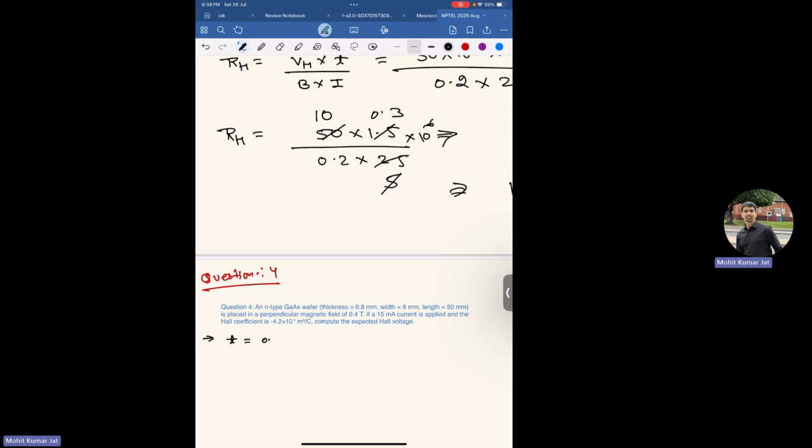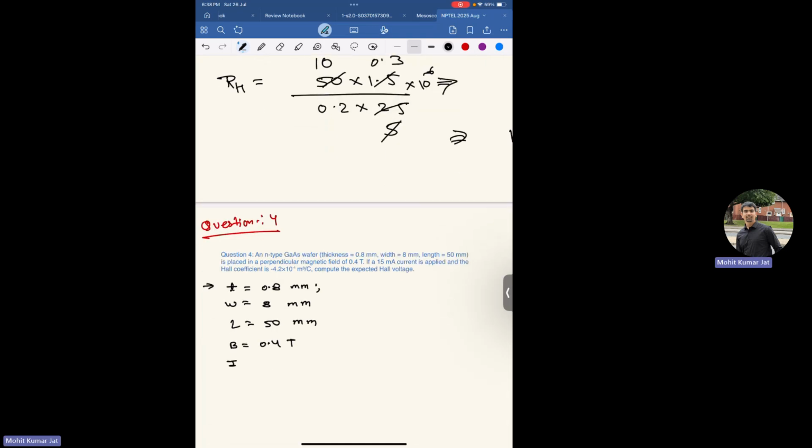So T is 0.8 mm, width is 8 mm, length is 50 mm. Magnetic field is also given, it's 0.4 Tesla, and current given is 15 milliamperes.